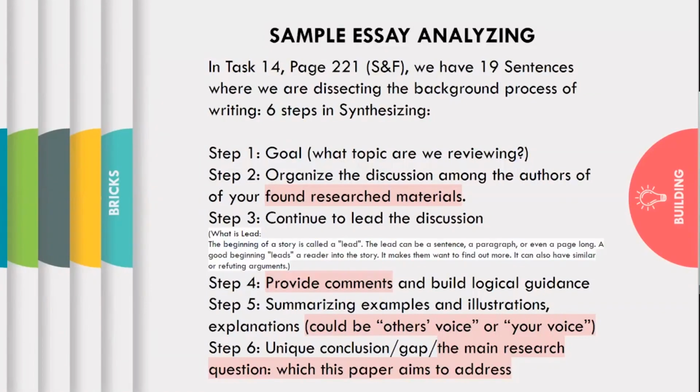I'll not talk much. I want your queries. But I'm assuming that maybe the main problem we find is overlapping. Which one should I consider as a comment, which one as a summary? Maybe I have said sentence 13 is step 5, but you think sentence 13 is step 4.